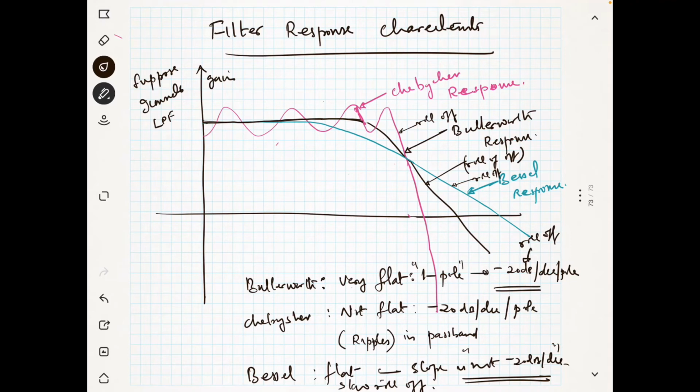In the Chebyshev filter, the roll off is greater than minus 20 dB per decade.